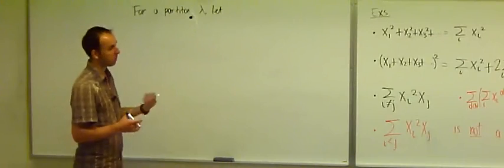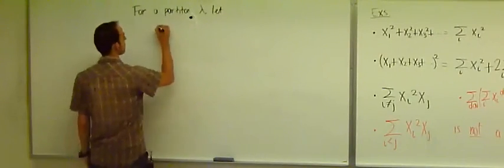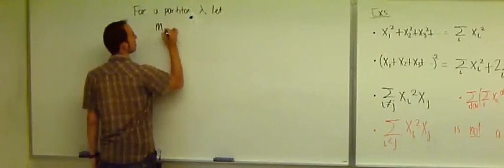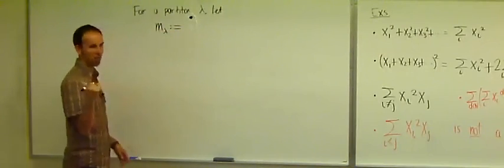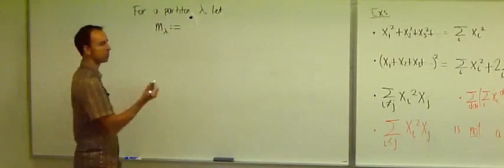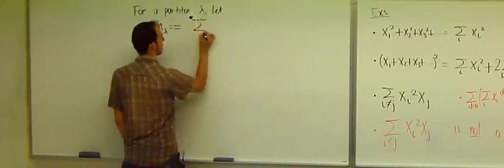Okay. We want to actually define a symmetric function, and so what we do is we just do that, and then we symmetrize. So we permute the variables in all possible ways.